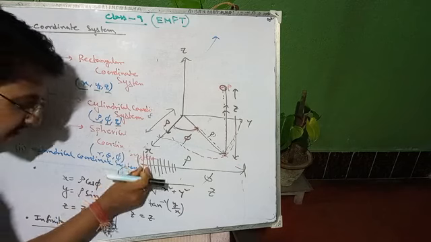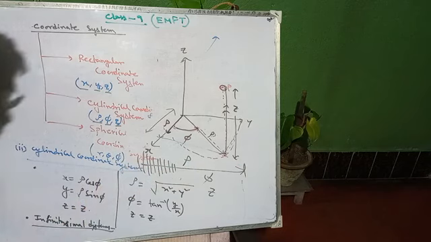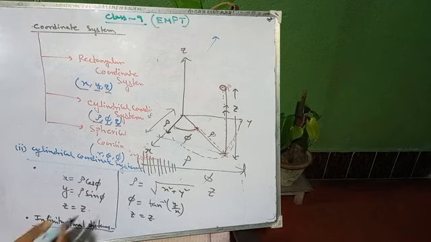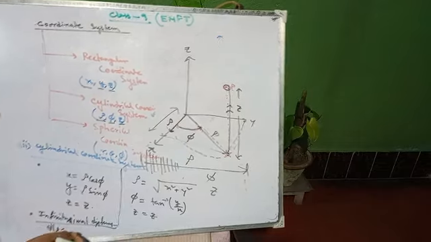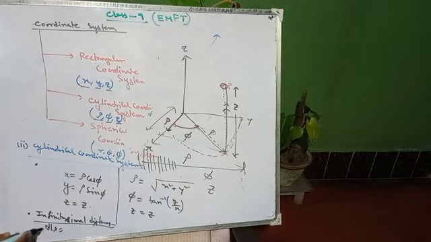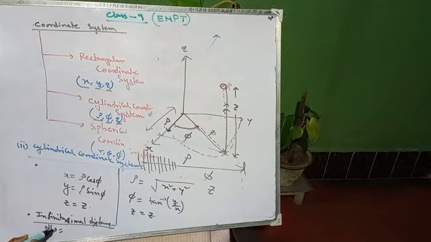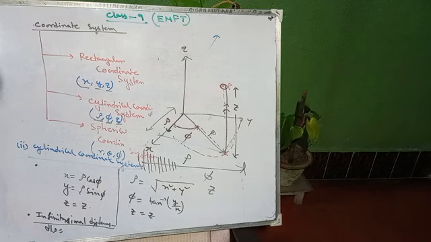The unit length of an infinite distance is called your infinitesimal distance. So there are three distances. The first one is dl rho. What is dl rho? It means the length towards the rho axis.